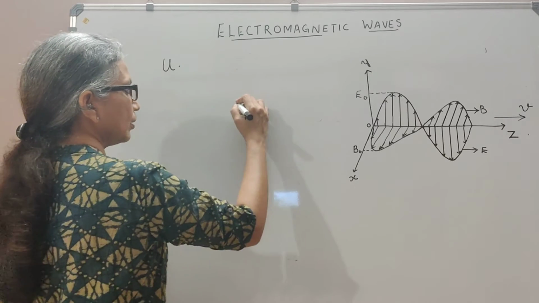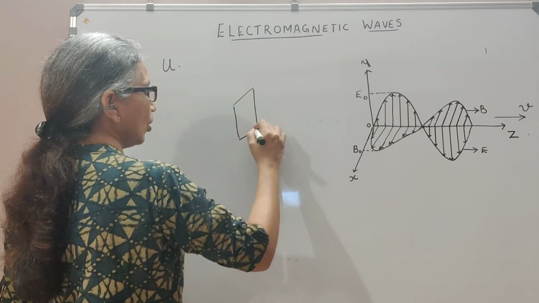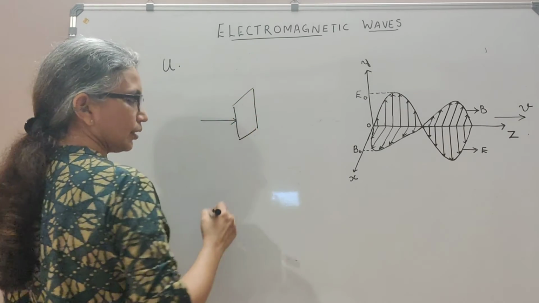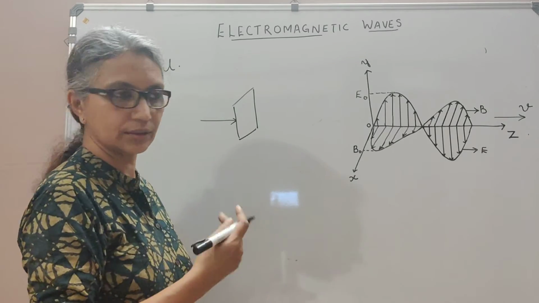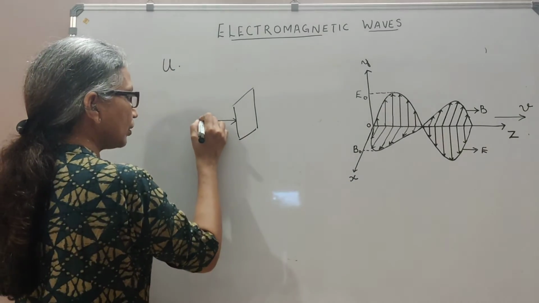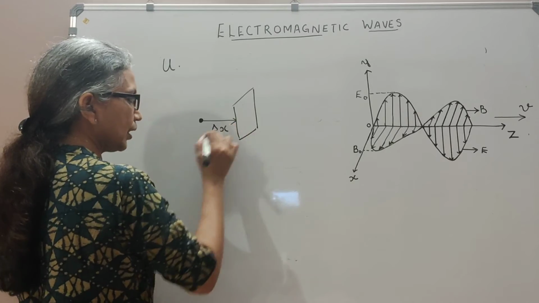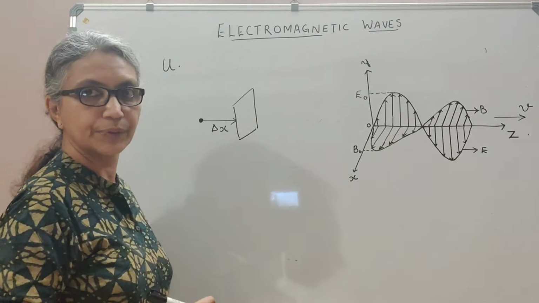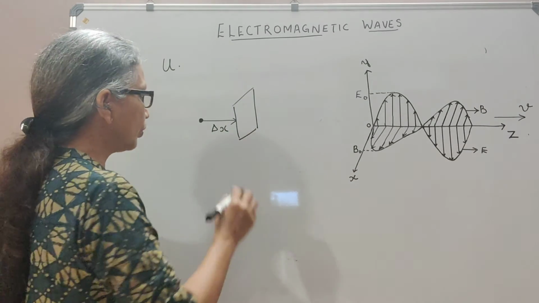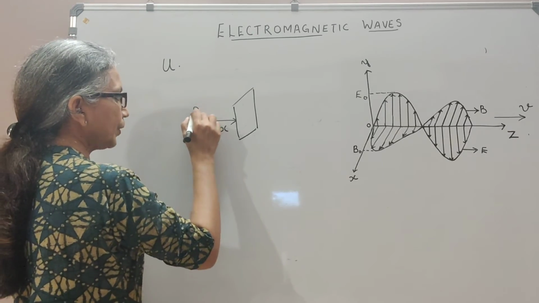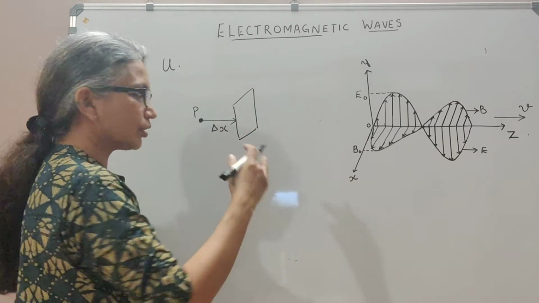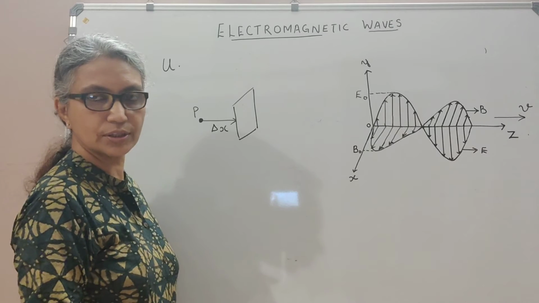So let's say we have a surface on which light, or an electromagnetic wave, is incident. Let this photon travel through a distance delta x to be absorbed completely by the surface. In which case, there will be a change in its momentum p, because its momentum will now reduce to 0.